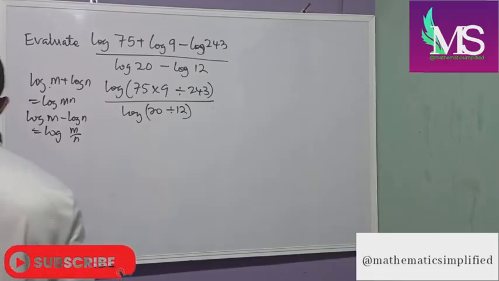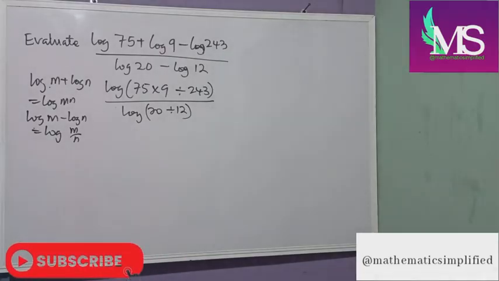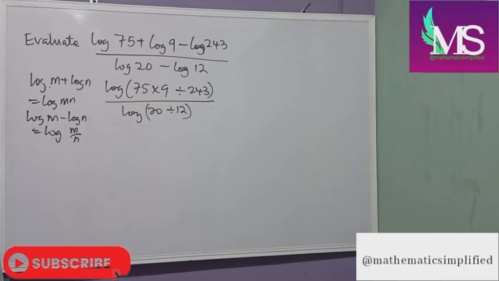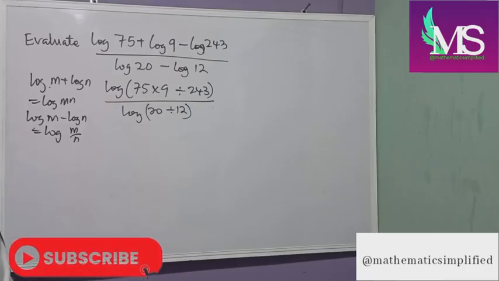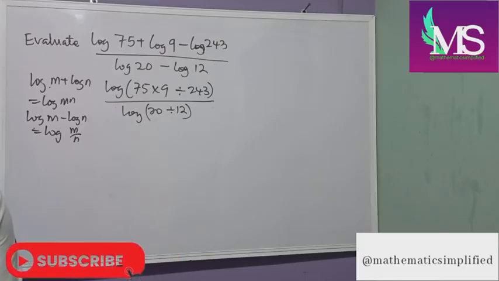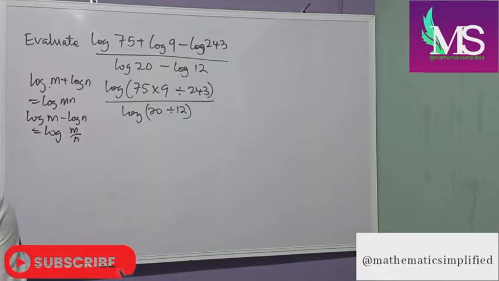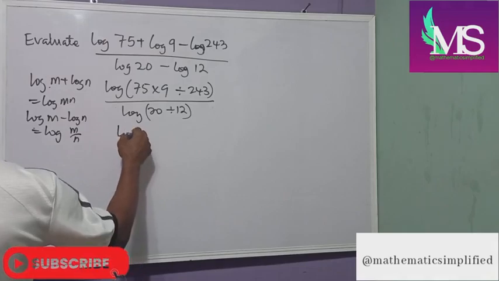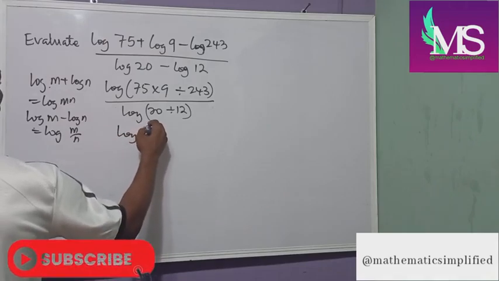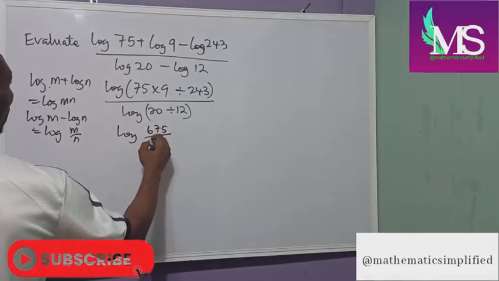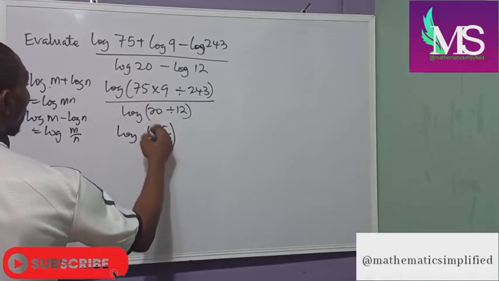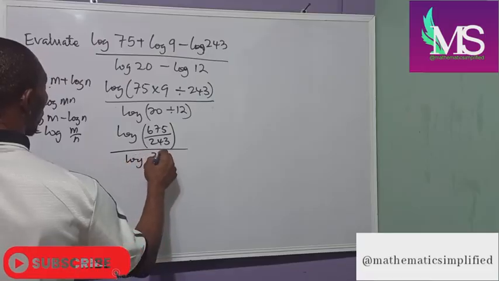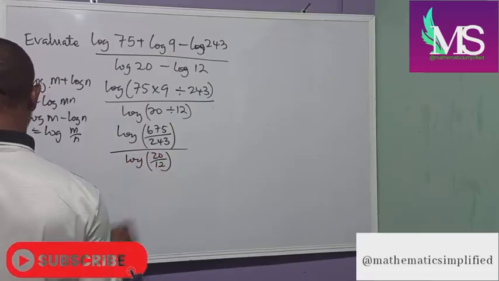Okay, so this will give us what? Log, okay, 75 times 9 will give us 675. This becomes log 675 divided by 243, all over log 20 divided by 12.